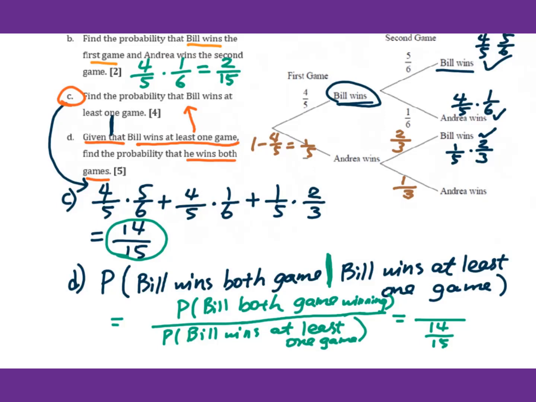Both games winning, that's here. So 4/5 times 5/6, divided by 14/15. We put it into a graphing calculator, and you will get 5/7 as the solution.